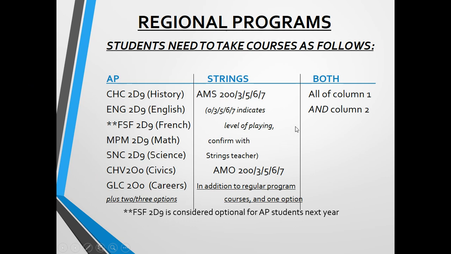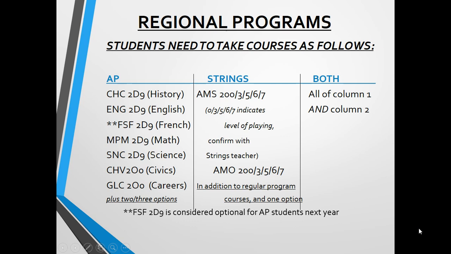For strings, you need to make sure you're picking the right level of playing. So we know that you're going to pick AMS 2, but is it going to be 203, 205, 206, or 207, indicating the level of playing? And then you also need to be selecting AMO 203, 205, 206, or 207.